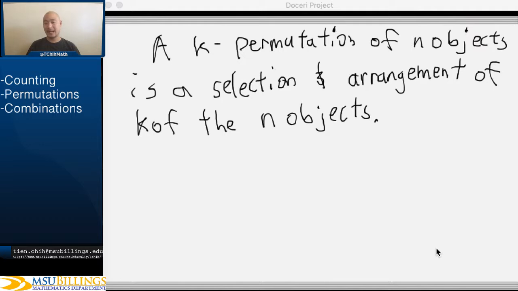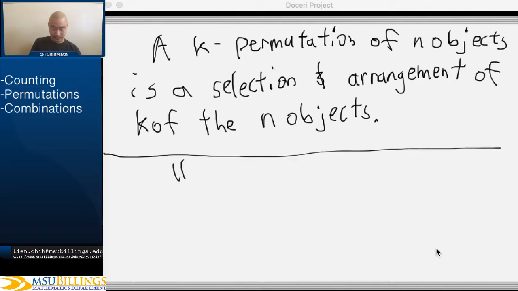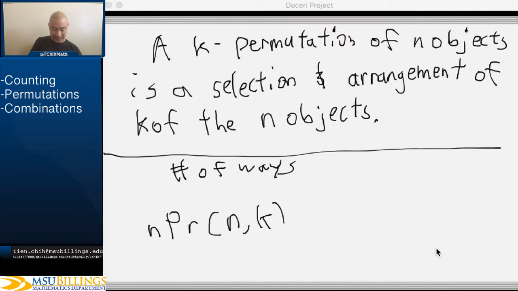All right? And the number of ways to do this is denoted in Desmos. We would use the permutation function here, nPr(n, k). It is computed exactly the same way.